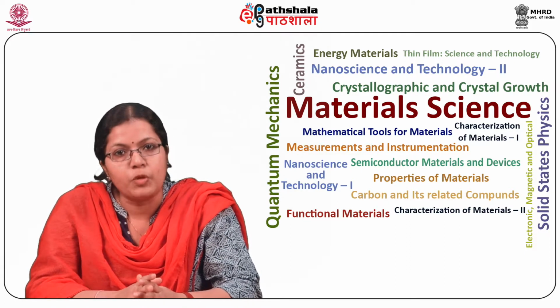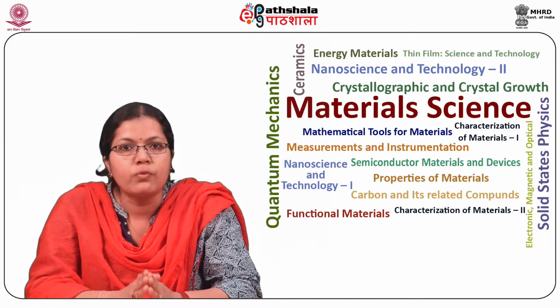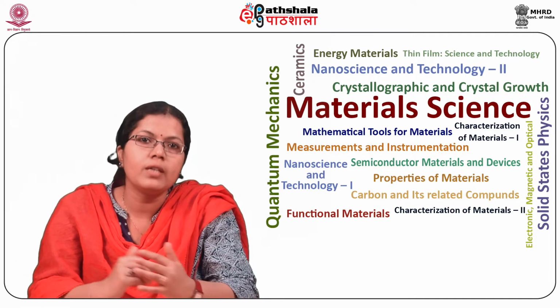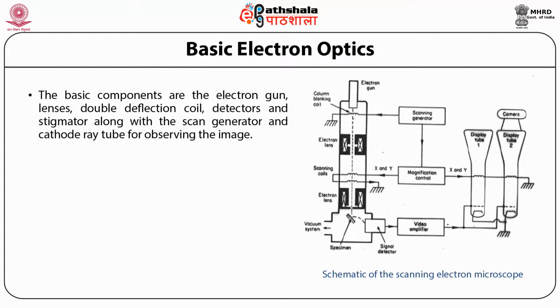And finally, the projector lens is used for the final magnification of the image. The basic components of the SEM are the electron gun, lenses, double deflection coil, detectors, and stigmator, along with the scan generator and cathode ray tube for observing the image.